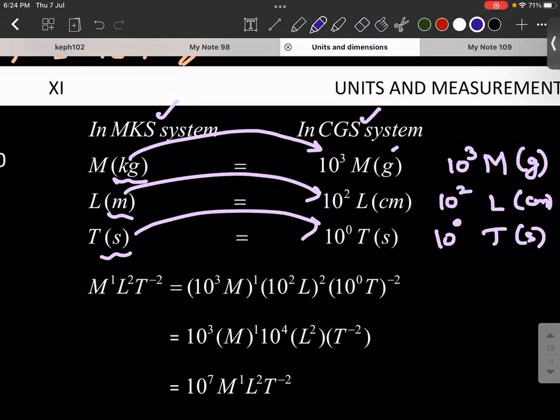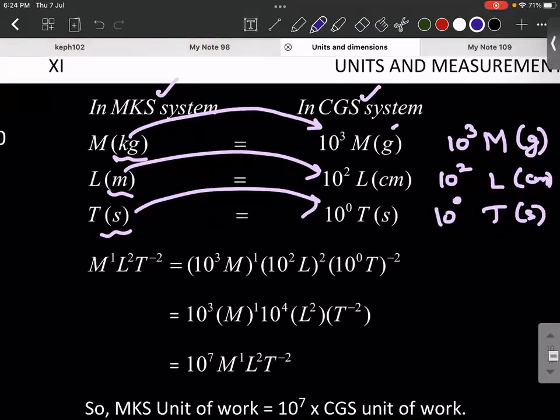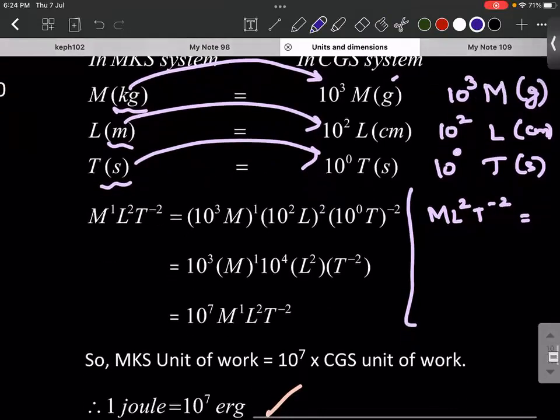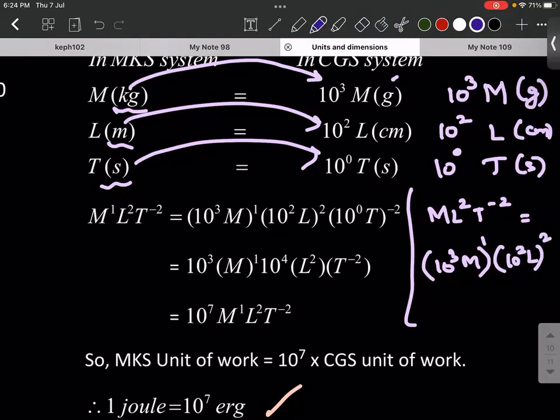Now, what is the dimensional formula of work done? ML square T minus 2. So for the MKS system, I write the dimensional formula on the left hand side as ML square T minus 2. Is it not equal to 10 power 3 times M raised to the power 1 into 10 power 2 into L raised to the power 2 into 10 power 0 into T raised to the power minus 2?